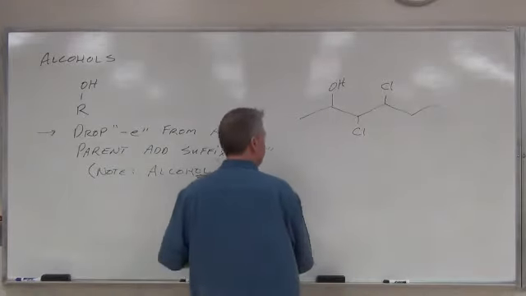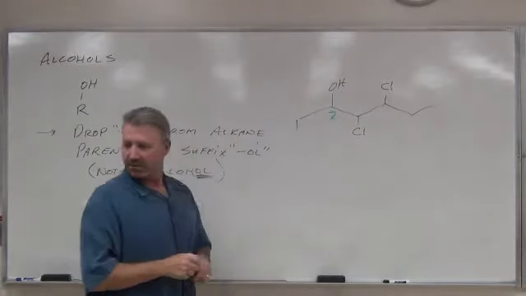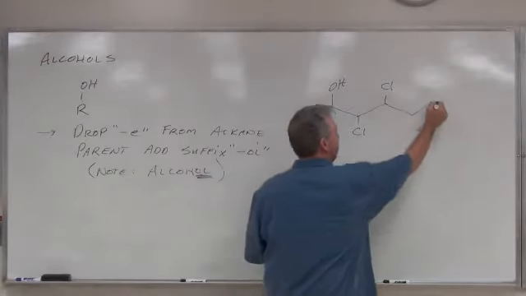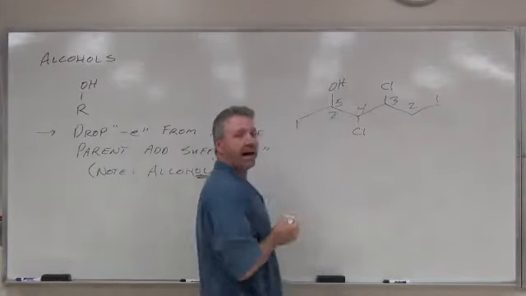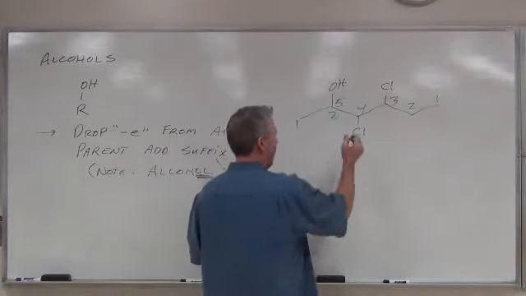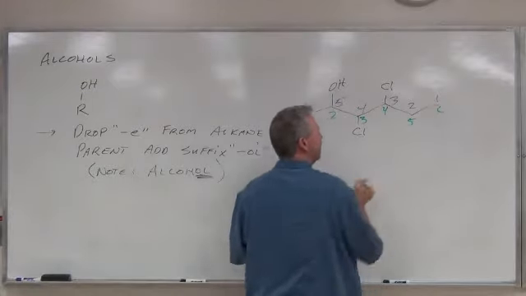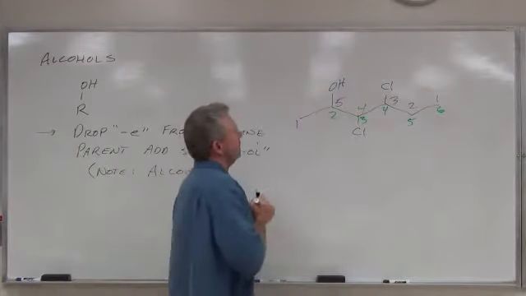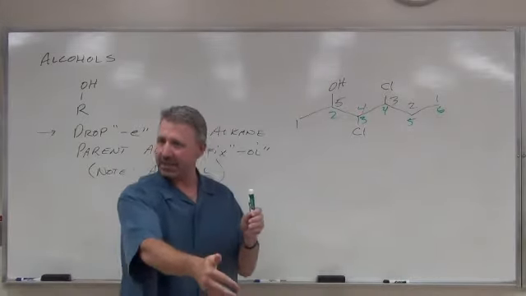If I go this way, it's 2. If I go the other way, it's 5. So I pick the green way. That's a 6-carbon chain, which makes it a hexane.